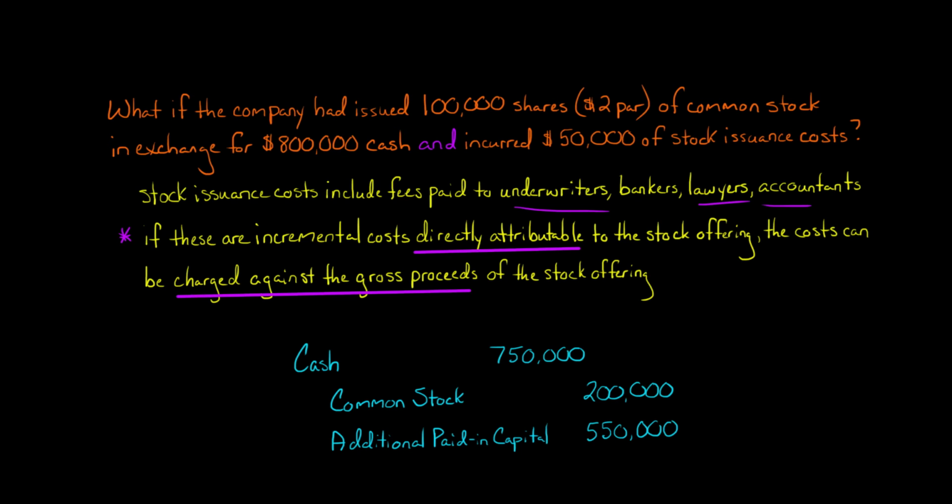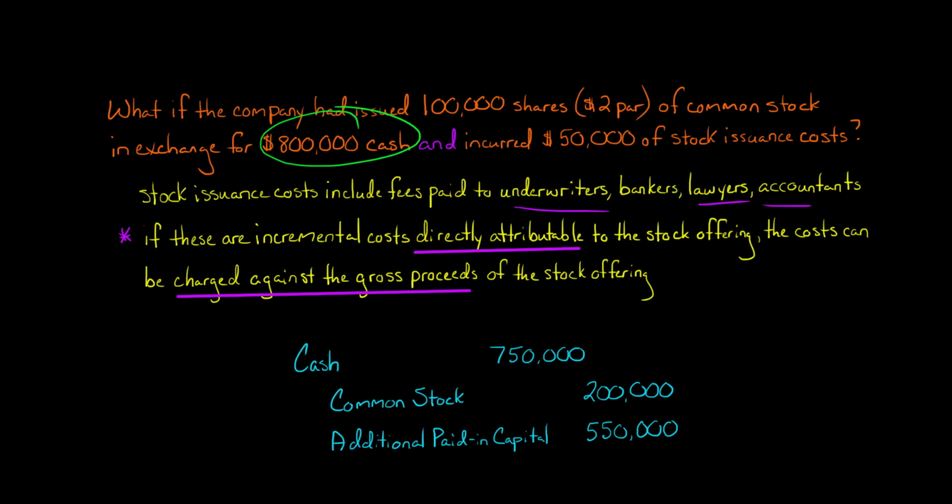So let's put that into an example here. So we'll assume the company issued 100,000 shares of stock. This is common stock, and we have a $2 par value per share. Okay, so 100,000 shares, $2 par value, and it's common stock, and they're receiving $800,000 cash, but also they were paying out $50,000 to the underwriters, to lawyers and others to handle this stock issuance.